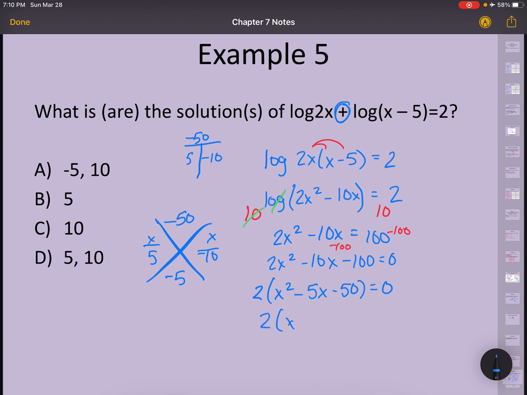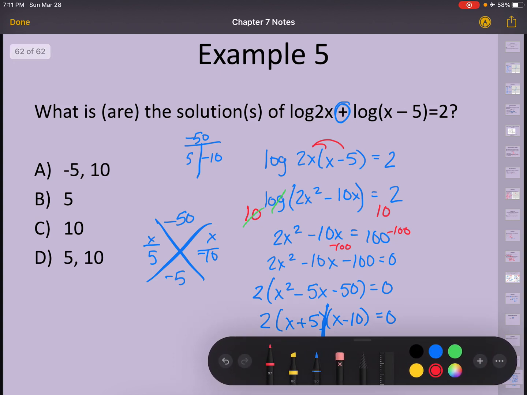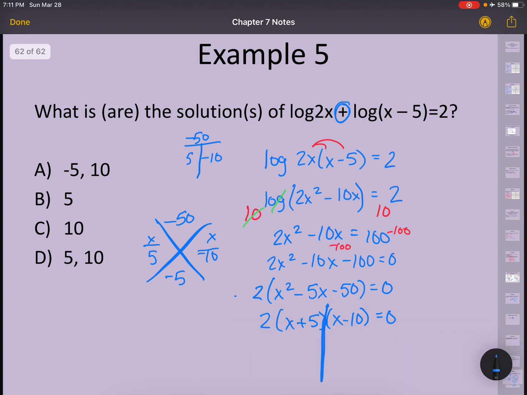So I got x plus 5 and x minus 10 has got to be 0. But when I split and solve these, I get that x should be negative 5 and x should be 10. But let's make sure that these check out.